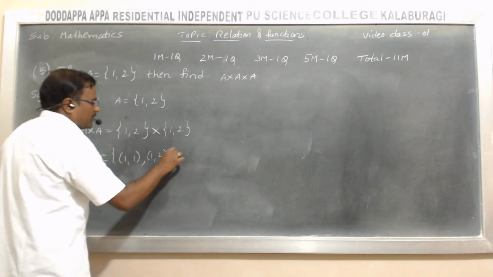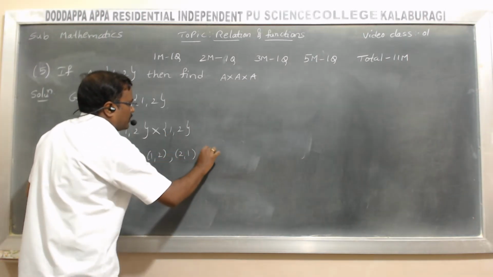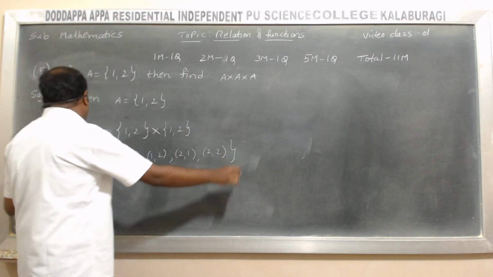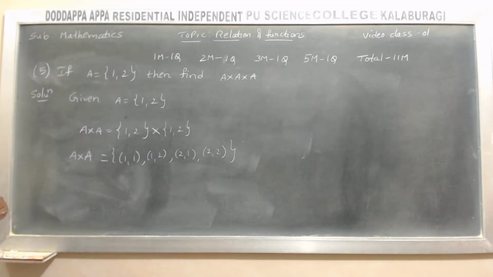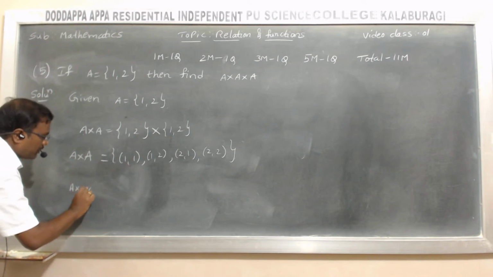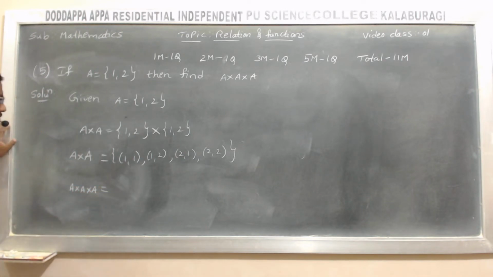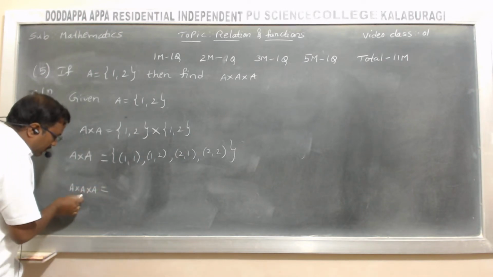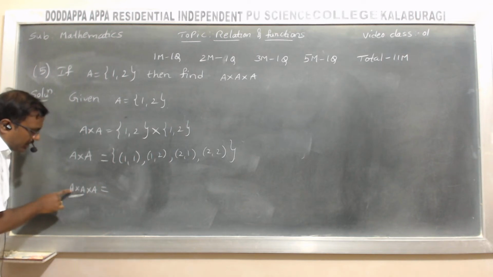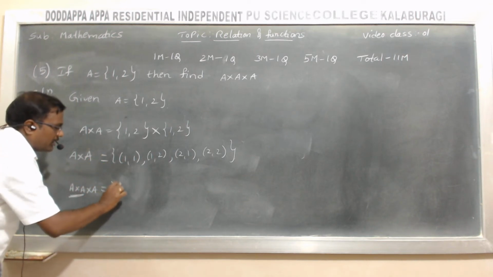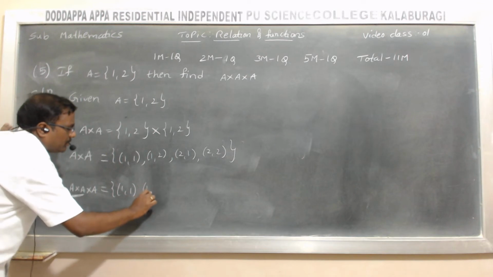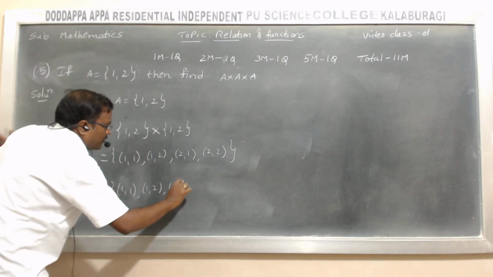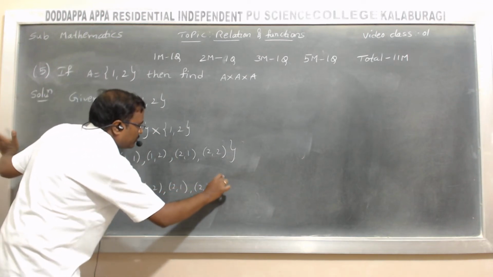Similarly here you can take (2,1), (2,2). So you can find out A cross A. Now you can take A cross A is equal to, so first you have to take these two cross elements. A cross A is given already (1,1), (1,2), (2,1), (2,2).